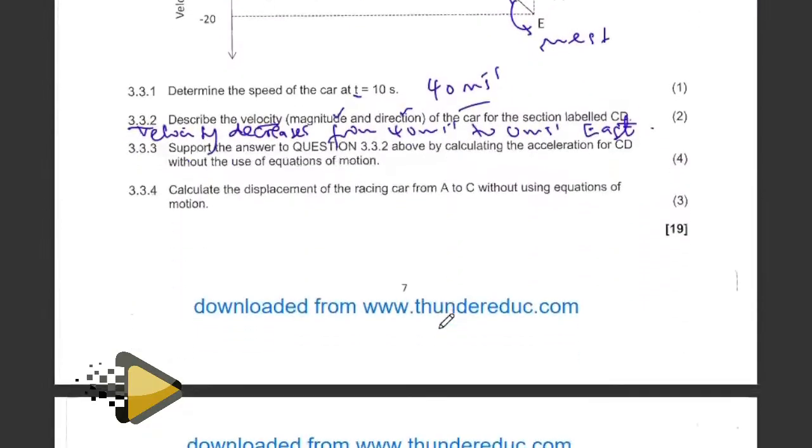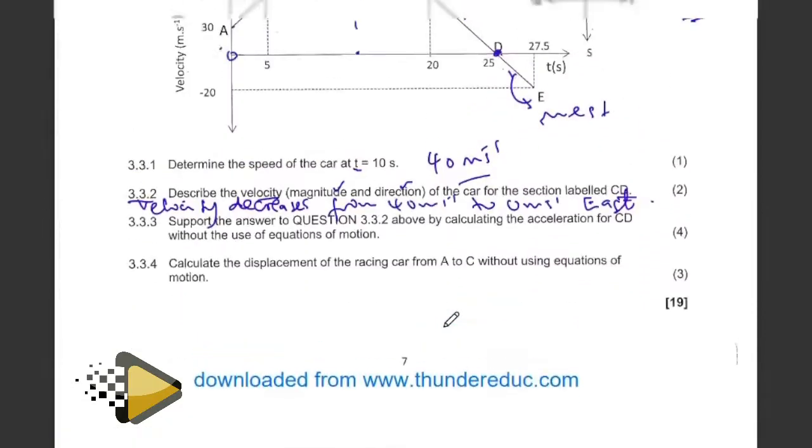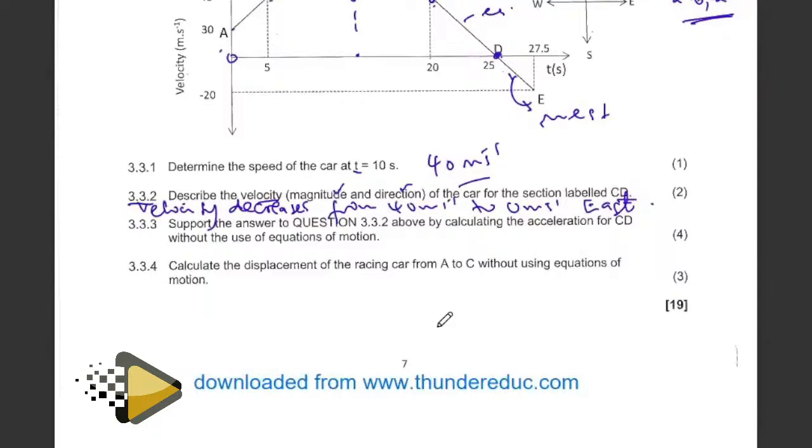Then 3.3.3, support your answer in question 3.3.2 above by calculating the acceleration without the use of equations. So what we need to know with this is, it's not making sense, guys. 3.3.2.